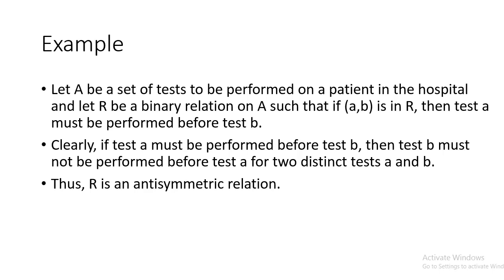Test a must be performed before test b. So b cannot be performed before test a. That's why the pair (a, b) is satisfied, and this relation does not include the pair (b, a). That's why R is an antisymmetric relation.